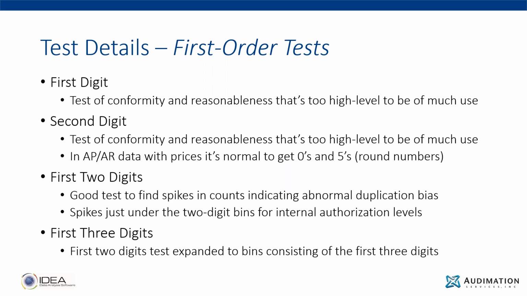The first three digits test is basically, just for completion's sake, the first two digits test expanded to do 3 digits, and it can give you a finer breakdown. And you could use it in the manner in which I'm going to show you how we apply it here in IDEA.